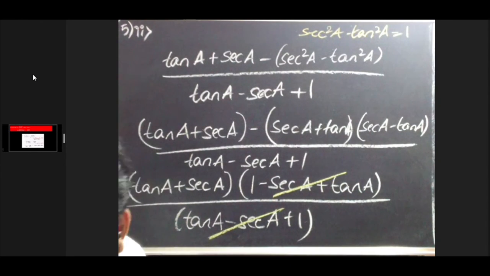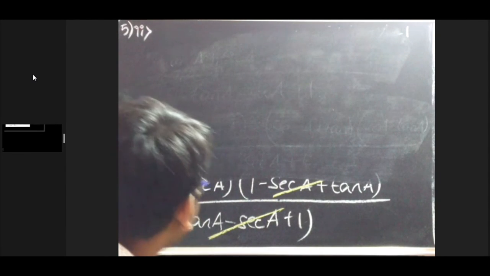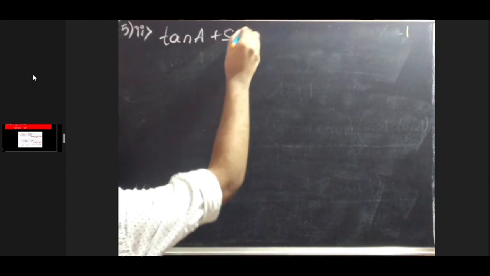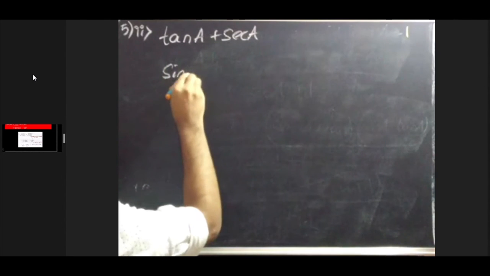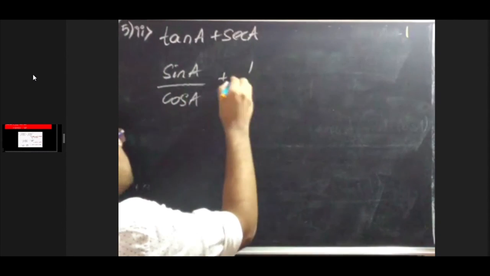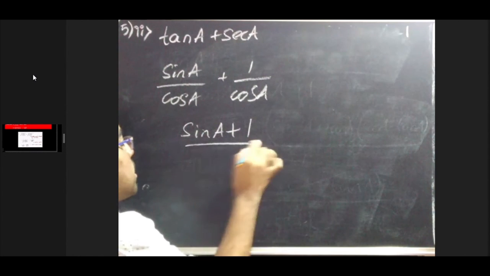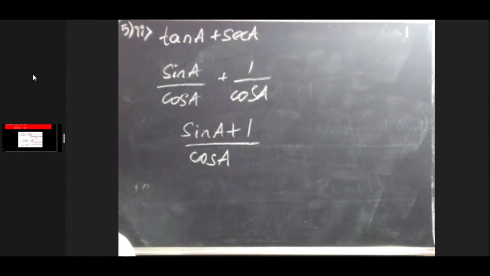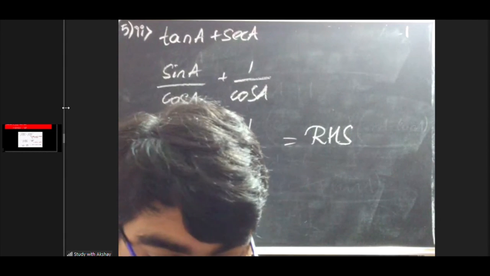So we will end up getting tan A plus secant A. When expressing these in the form of sin and cos, sin A by cos A plus 1 by cos A equals sin A plus 1 divided by cos A, which is our required result at RHS. You can see that displayed.